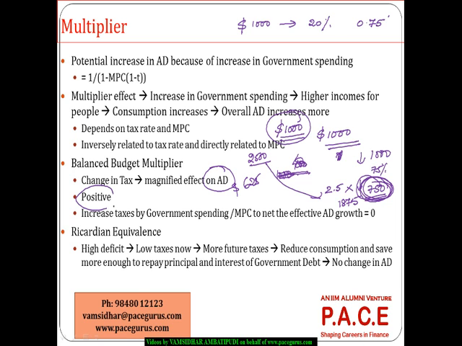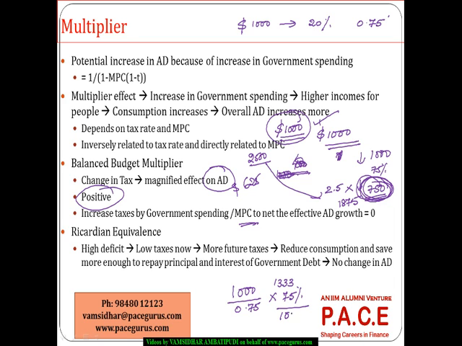So we see that the balanced budget multiplier is always positive. Rather than that, if the government has spent $1,000, the tax that it should collect is 1,000 divided by the MPC. Marginal propensity to consume is 0.75. So what we are saying is if it has charged a tax of 1,333, then the marginal propensity to consume is 75.